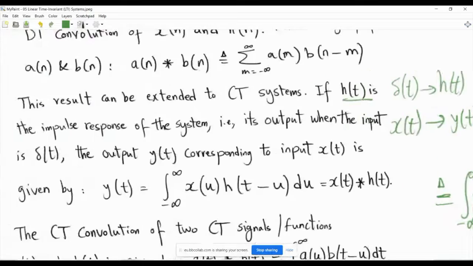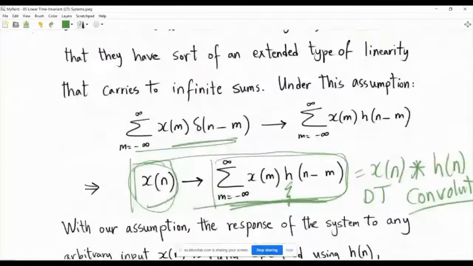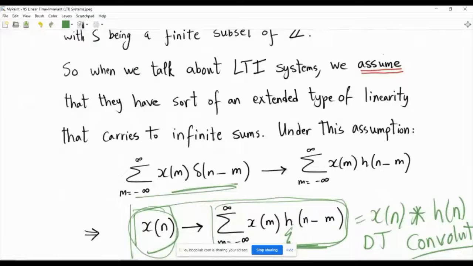Now, because of this assumption of extended linearity, there are LTI systems that you cannot characterize by an impulse response, because you cannot use the concept of extended linearity.